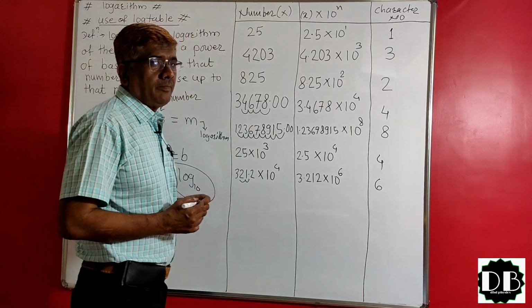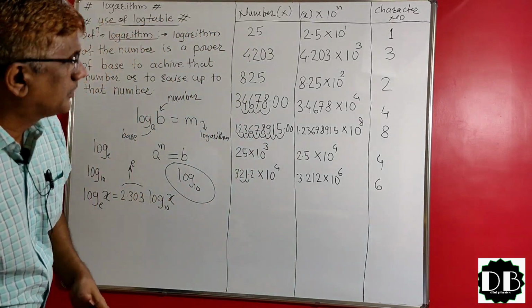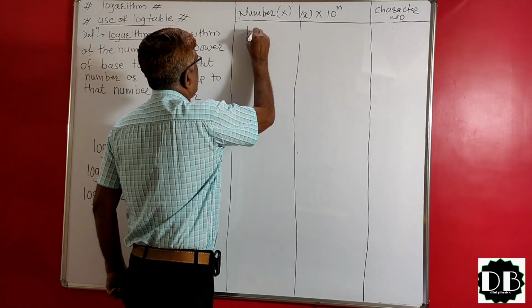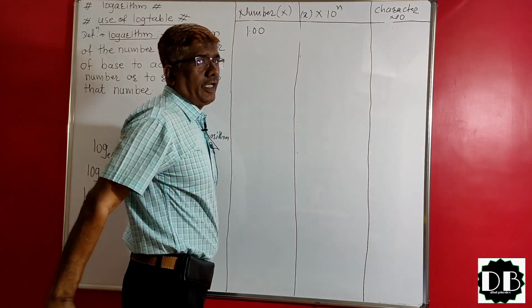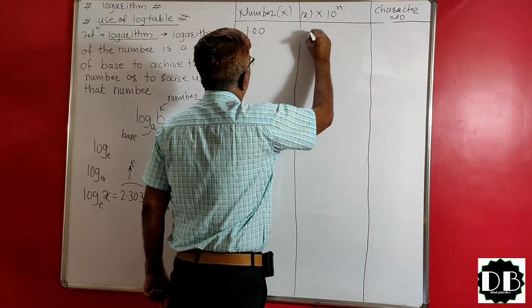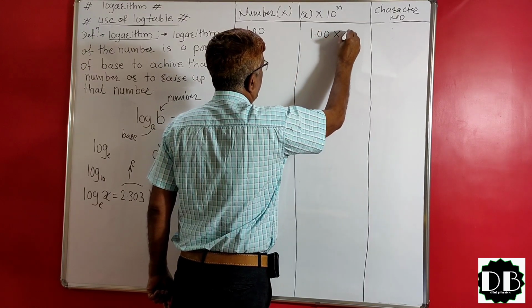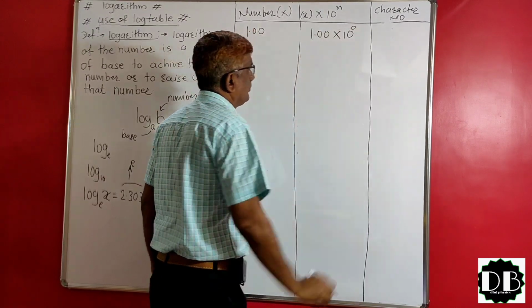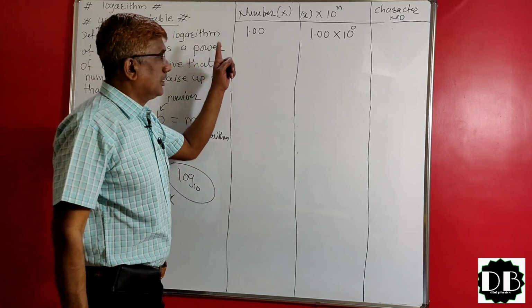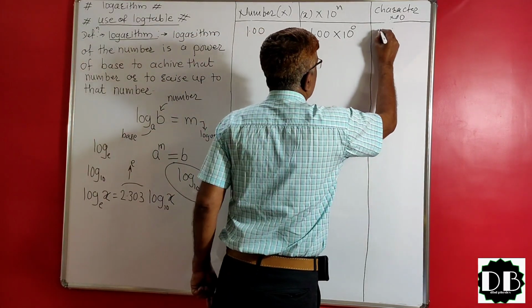But sometimes numbers are in another form. Suppose that 1.00 can be written as 1.00 into 10 raised to 0. That means its characteristic number is 0.